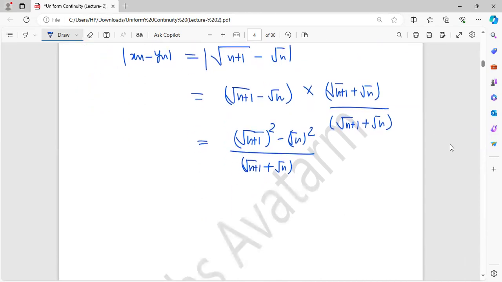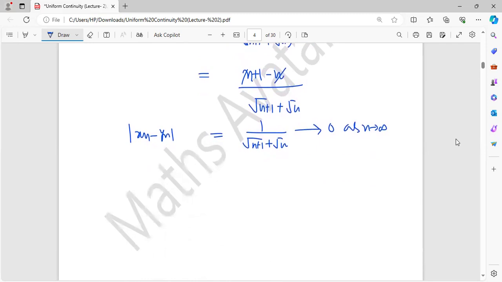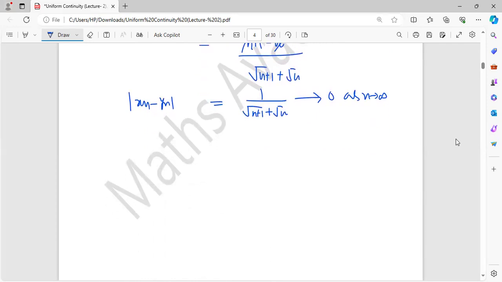So this is n plus 1 minus n upon under root n plus 1 plus under root n. So n will be cancelled out. So this is 1 upon under root n plus 1 plus under root n. So my xn minus yn difference is equal to this. Obviously this tends to 0 as n tends to infinity. So I have found two sequences whose difference is tending to 0. Now let's see their image sequences' differences.